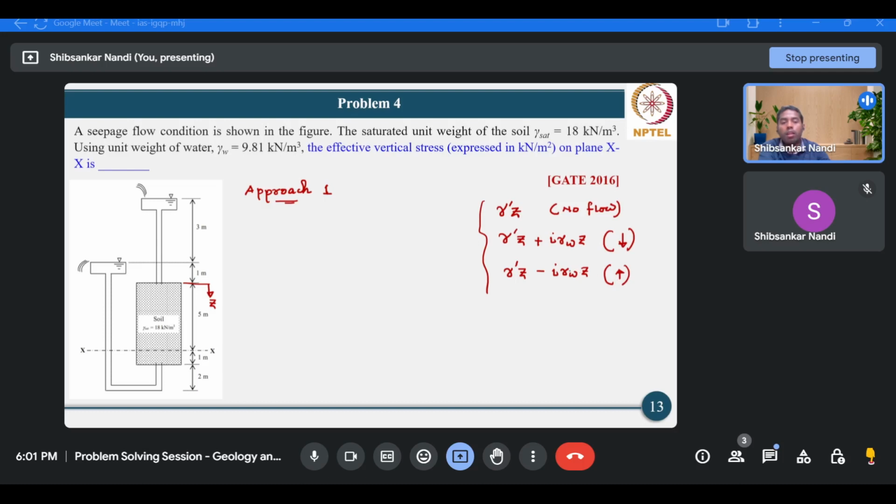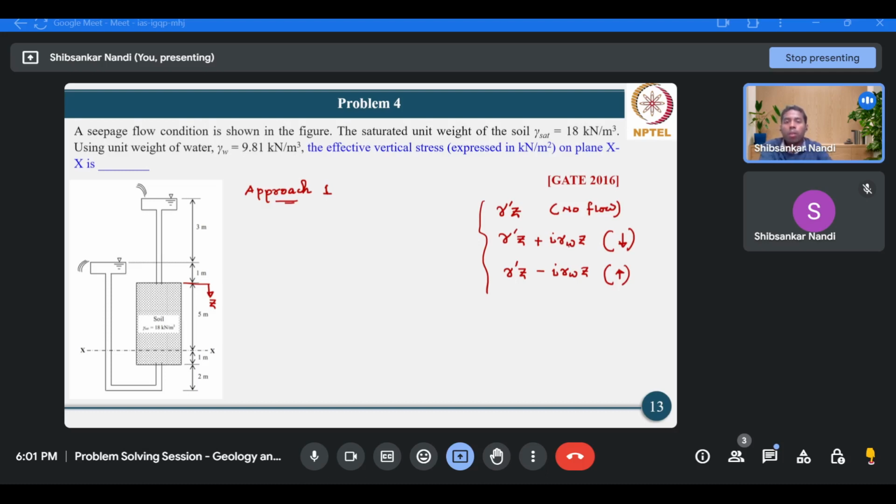And what is the quantity by which the effective stress is increased or decreased? The quantity is i gamma w into Z. We can prove that this comes from the seepage force which we get in the direction of flow, but that is not the concern, at least for this problem.